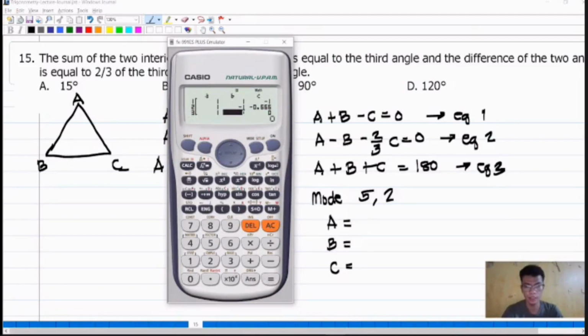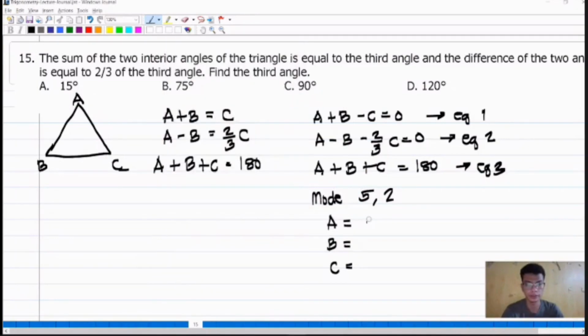And then 1 ang A, 1 ang B, 1 ang C, the constant term on the third equation is 180. 75, 15, and 90. We are looking for the value of the third angle, which is angle C, and that is 90 degrees.